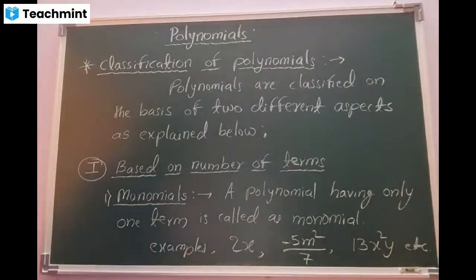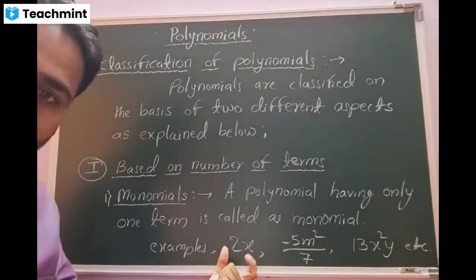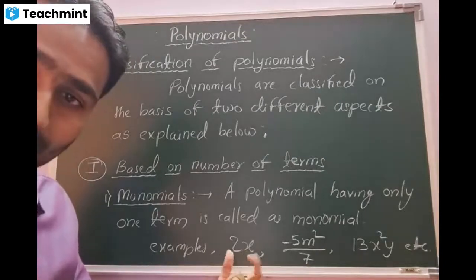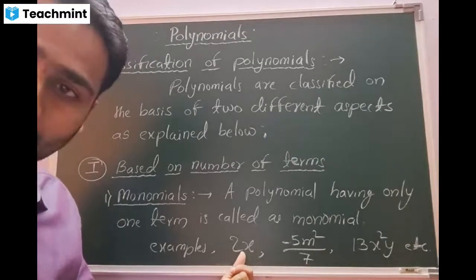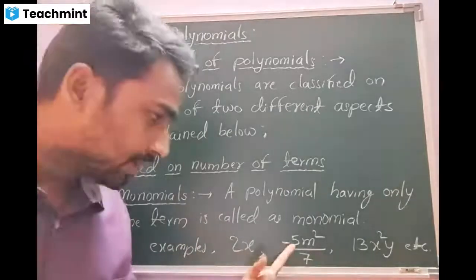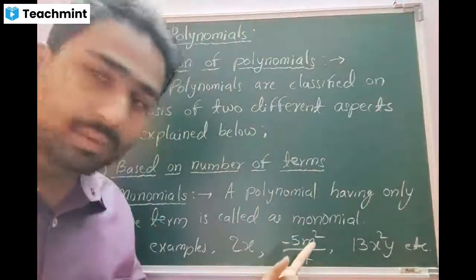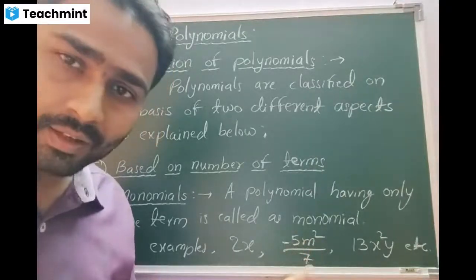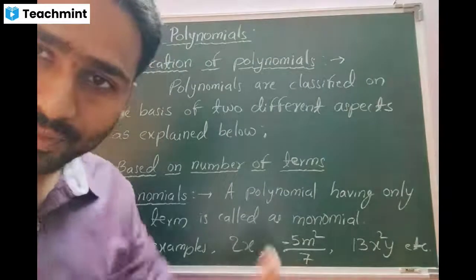Okay, beta, look at the examples here. If you see, it is only one term. You can see 2 and x are there, but they are associated with a multiplication sign. So we call it one term. Now coming to this, beta, minus 5 is there, 7 is there, m square is there. All are associated with multiplication and division. Hence it becomes a single term. Is that clear?